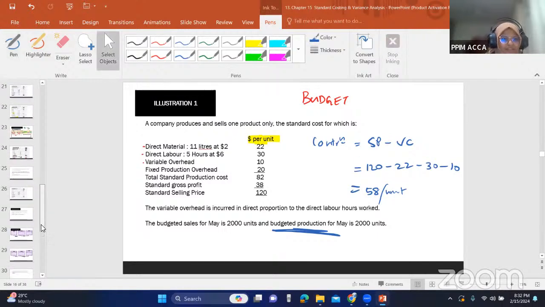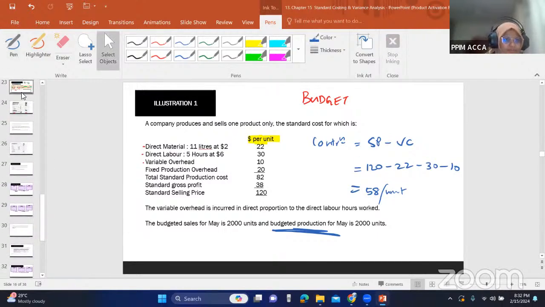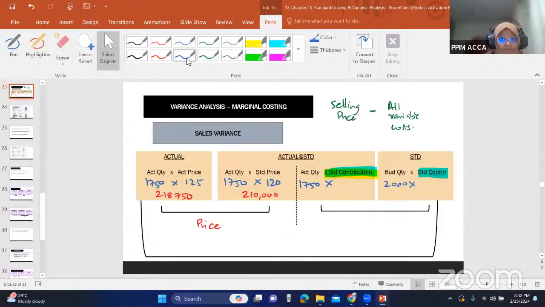So let's put the 58. 58, 58. 1,750 into 58 will be 101,500. 2,000 into 58 will be 116,000.